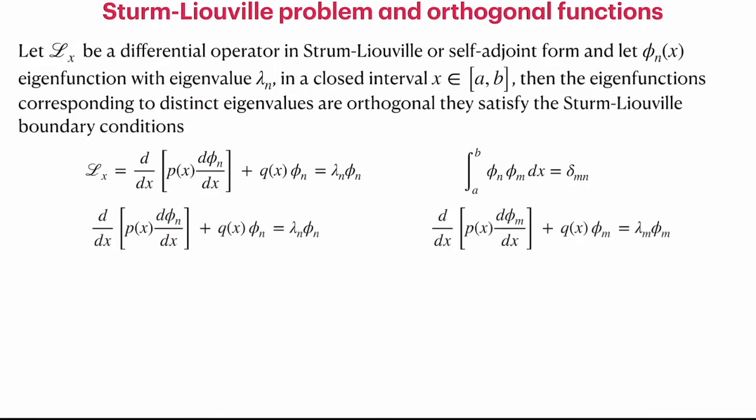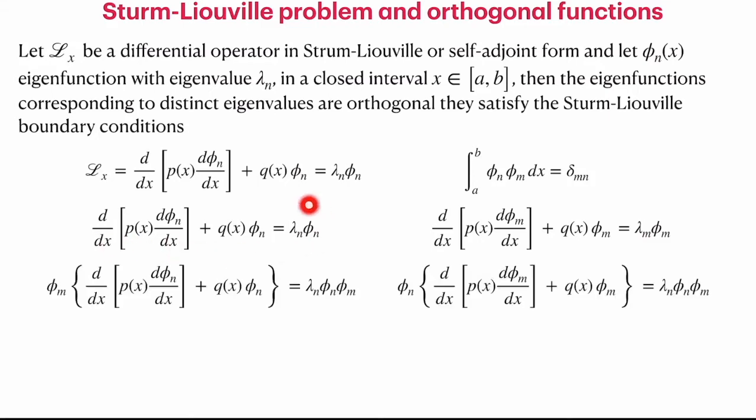We write down the two eigenfunctions phi n and phi m satisfying the differential equation, that is d by dx of p(x) d phi n by dx plus q into phi n is equal to lambda n into phi n. In the same way, phi m also satisfies it with the eigenvalue lambda m.